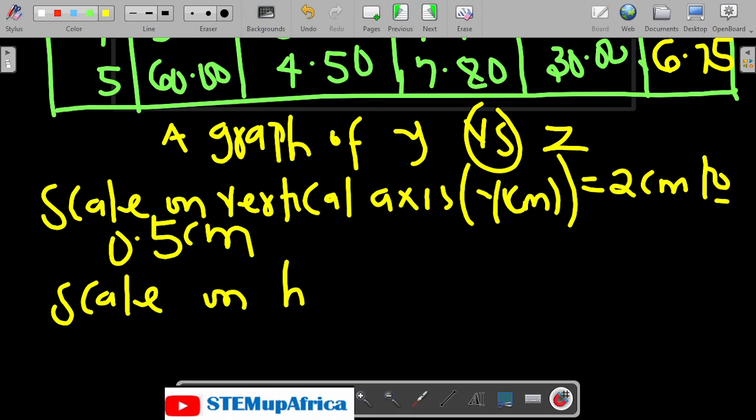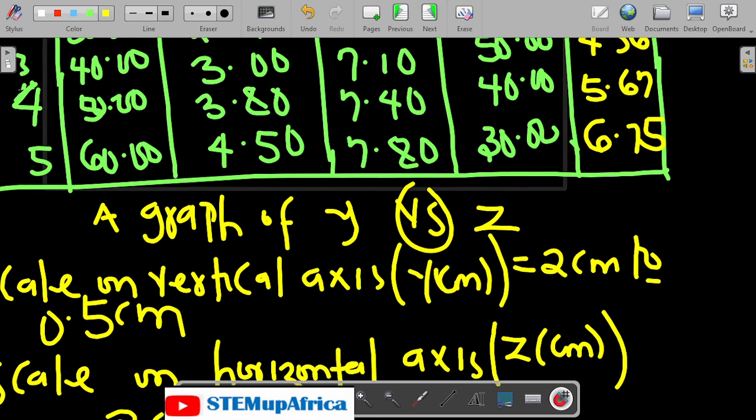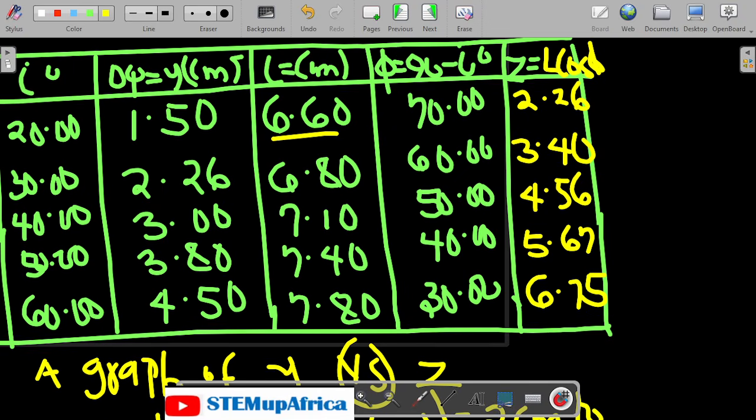I also consider the scale on the horizontal axis. The horizontal axis is Z, also in centimeter. We're also having 2 cm to, let's consider the values we have in Z, the highest and the lowest. The highest is 6.75, the lowest is 2.26.